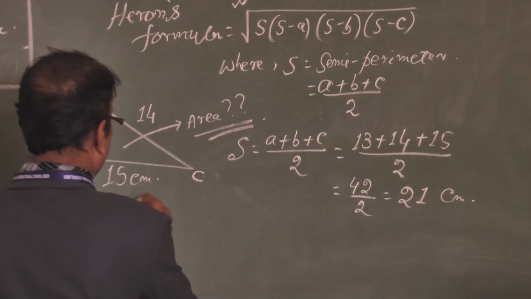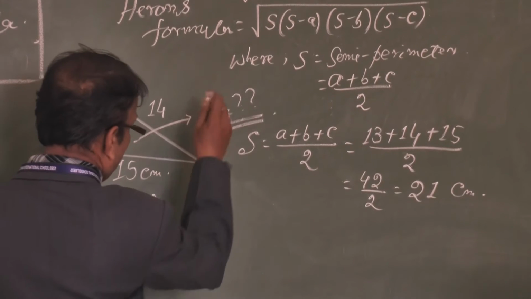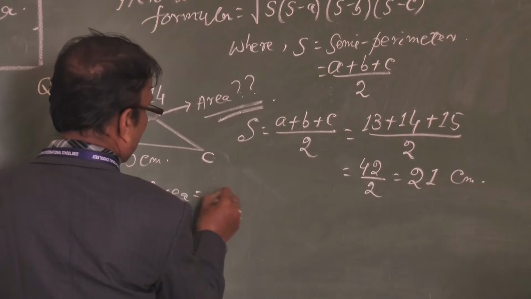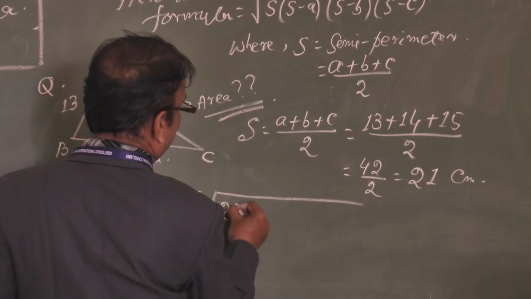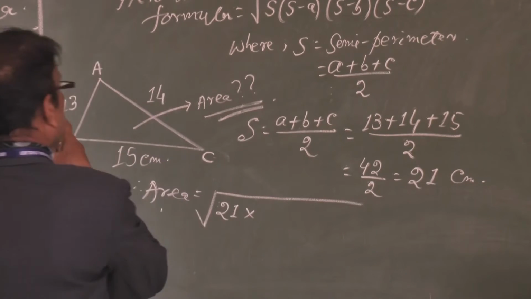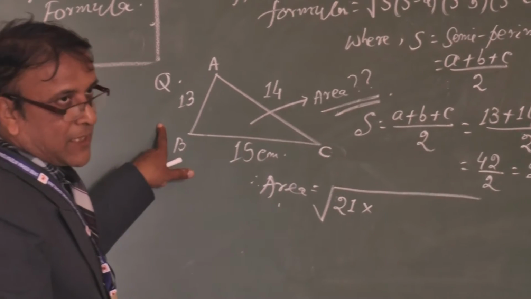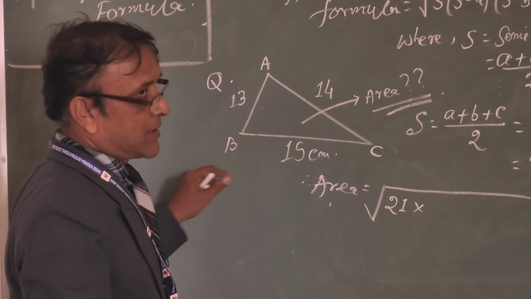Therefore, area is equal to, directly we can apply that formula. Area is equal to root over s, which means 21, into s minus a, where you can take any one side as a, any one side as b and any one side as c.